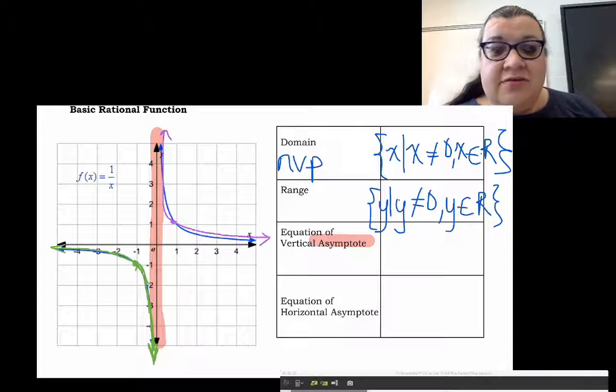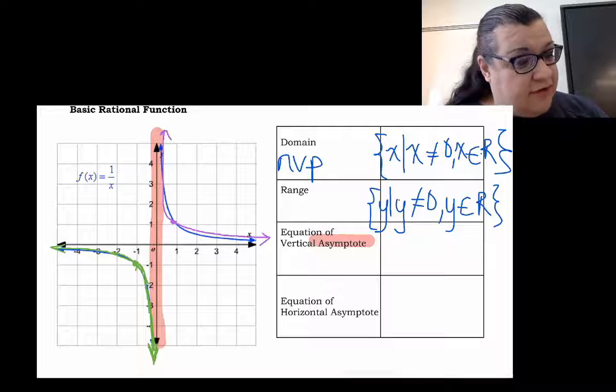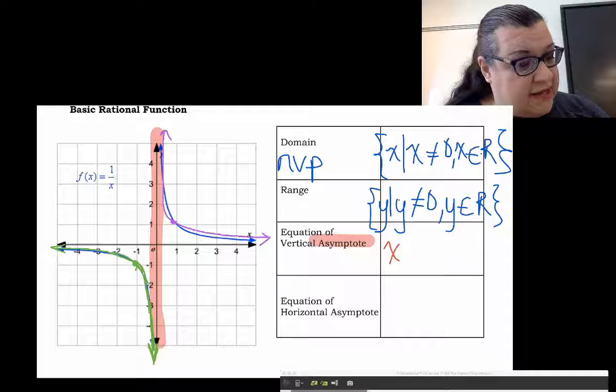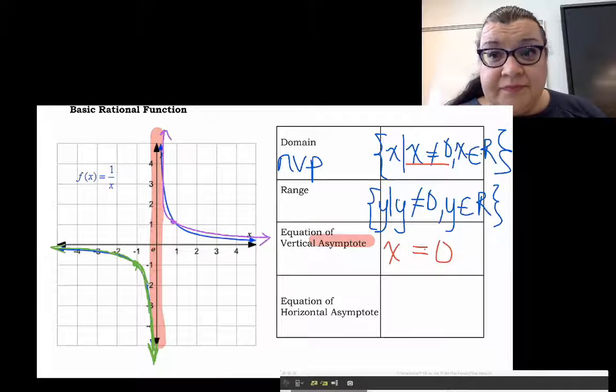We are getting closer and closer and closer to this line of x is equal to 0, but we're never going to get there. We're never going to cross it. So that leads us to our vertical asymptote. The equation of our vertical asymptote is x is equal to 0. So it is related to your domain.